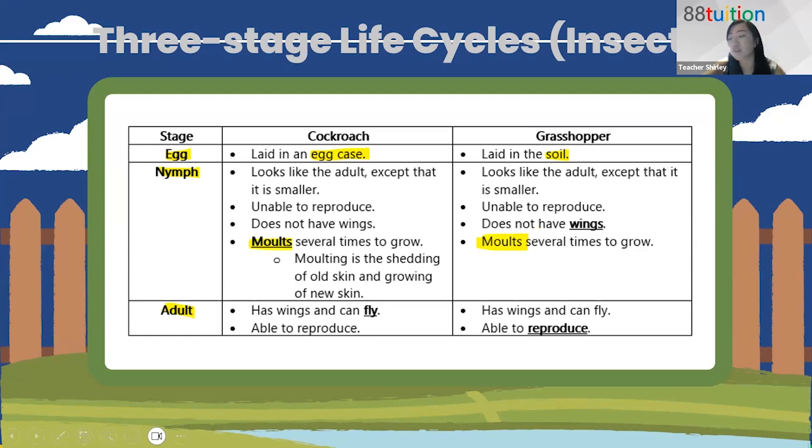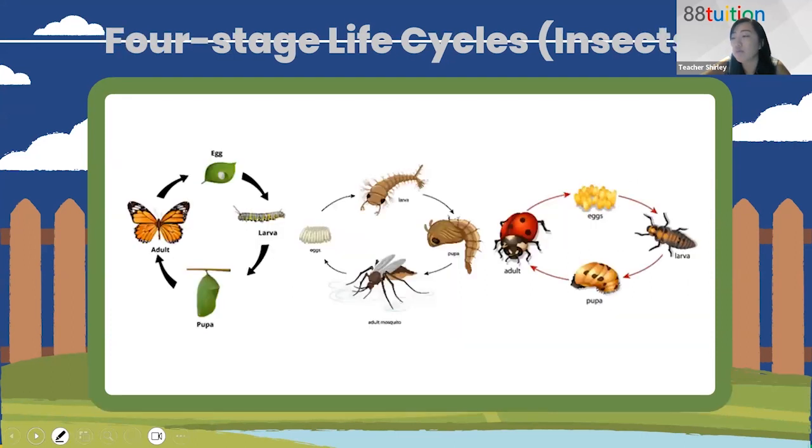Molt means the shedding of their skin. The old skin will go away and then they will grow new skin. The nymph does not have wings for both cockroach and grasshopper, but the moment they turn into an adult, both of them will have wings and they both can fly. They are also able to reproduce. So these are the common insects which you need to know in terms of 3-stage.